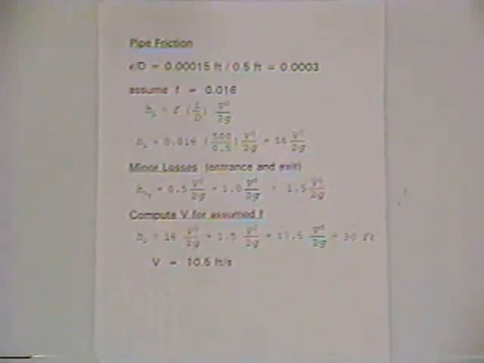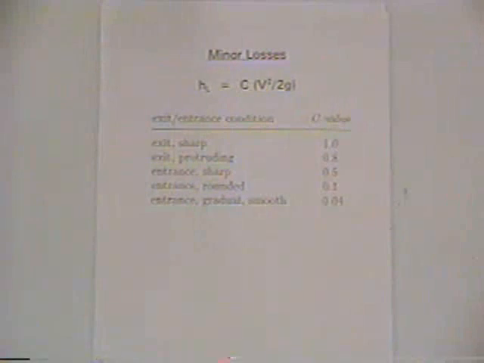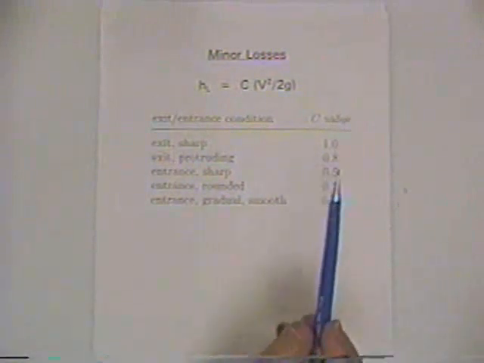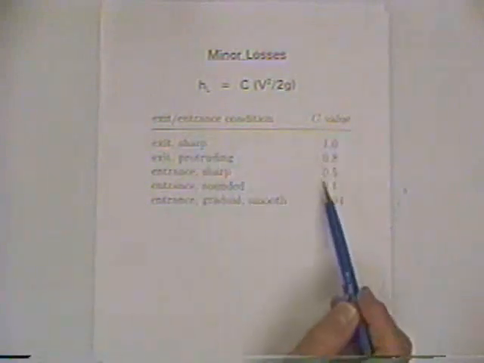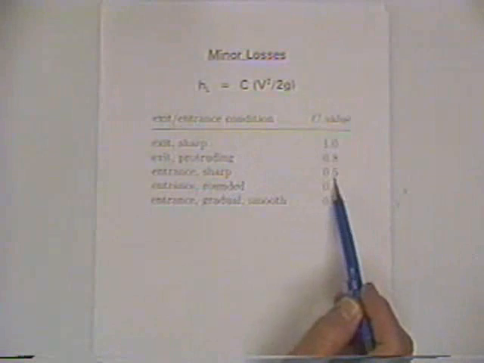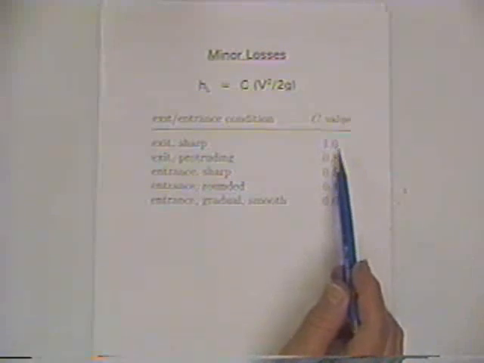But we also have entrance and exit losses, and so we go back to a table, Xerox from the manual, and in this problem, we have a sharp-edged entrance and exit. And so we're going to use a 0.5, and that's a pretty standard number for a sharp-edged entrance, and a 1.0 for the exit.